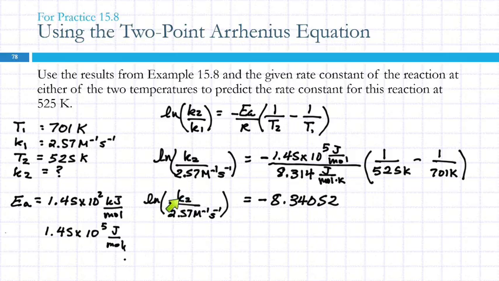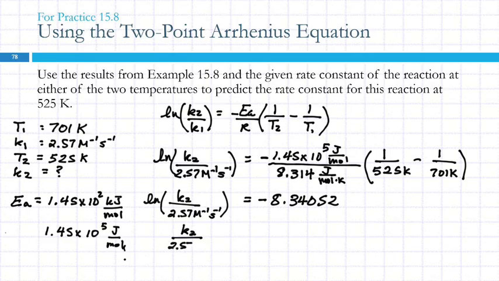We're trying to solve for K2, which is in this thing here inside the natural log. So we need to get rid of the natural log, and the way you do that is e to the x of both sides. So e to the x of this is just what's inside the parentheses.